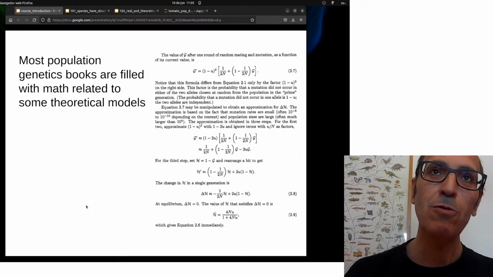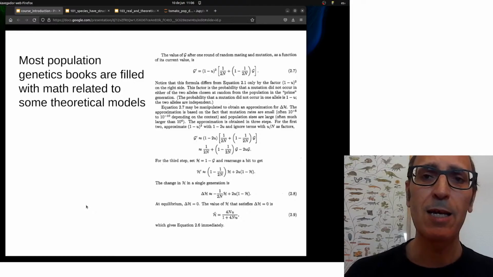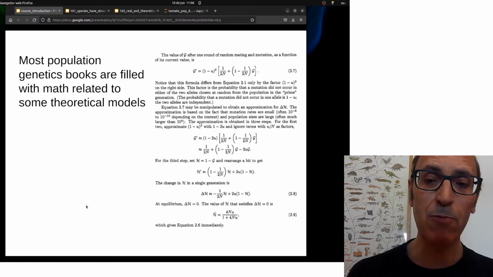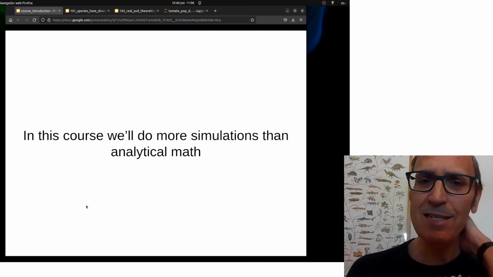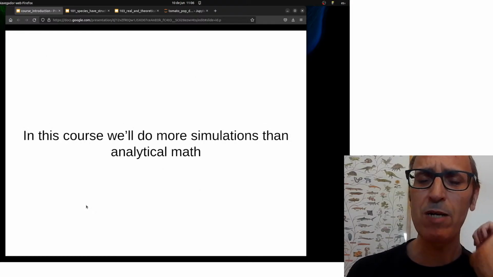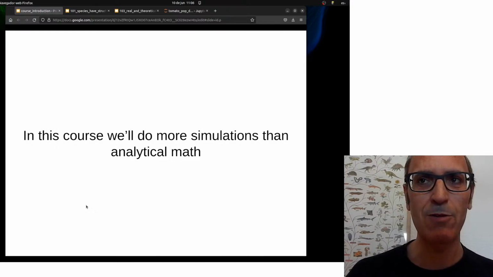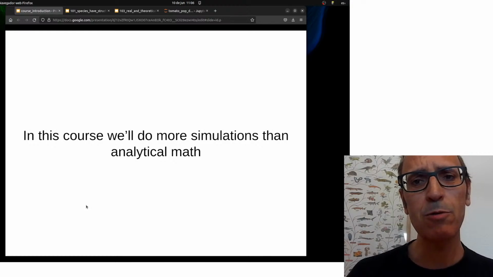If you go to typical population genetics books, you will find it's a little bit different. It's lots of math. Most of the developments in theoretical population genetics were mathematical models solved analytically, by doing equations. In this course, instead of explaining so much math that I really should prepare if I wanted to do it, what we'll do is use simulations in order to show these concepts.